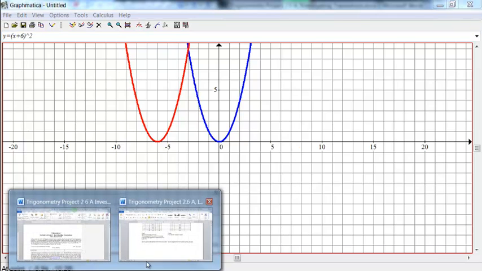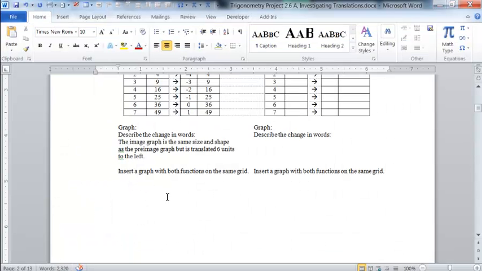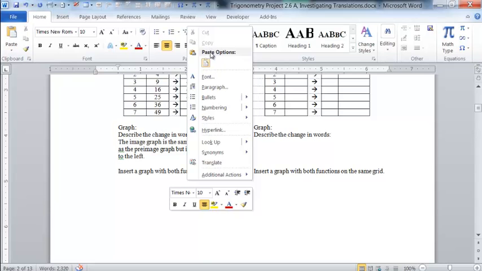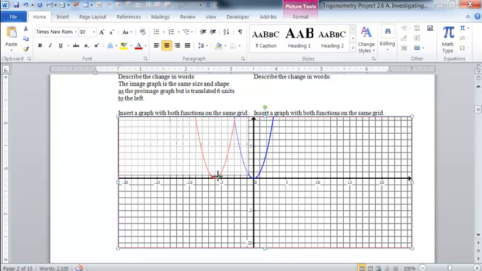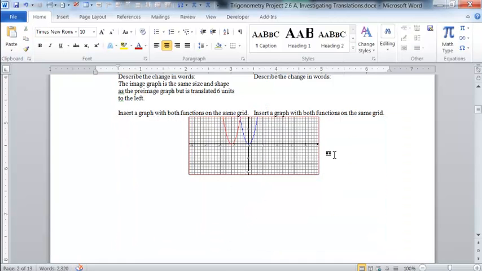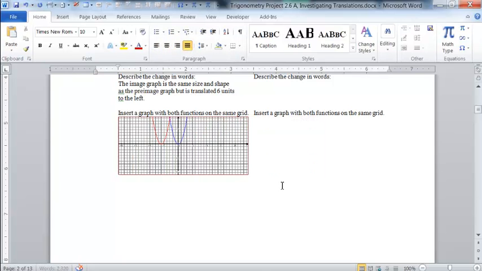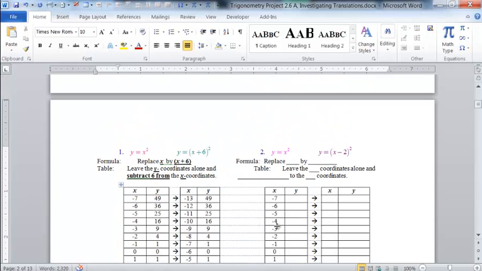And I'm going to go over here and go paste, which is Control V, or I can right click and select paste. Now I can click on this and make it a little smaller so I can get both graphs in here, and you can see that it's actually 6 to the left.